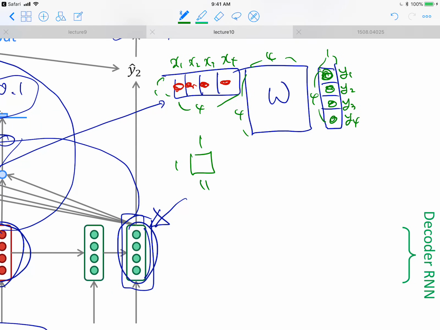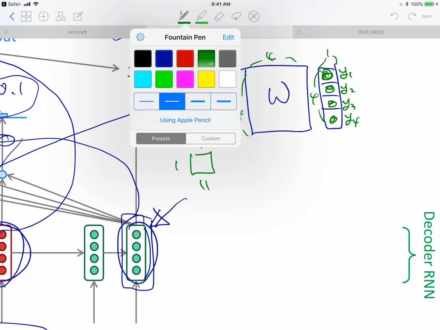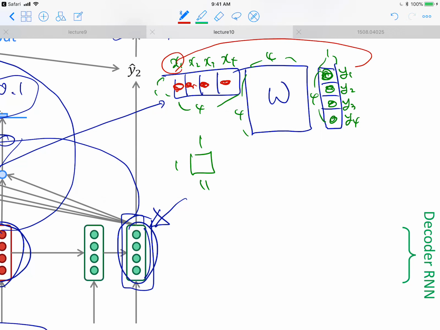We basically compute all the cross products between the elements of these two vectors. If we imagine the inner product, x1 will be multiplied only with y1, x2 with y2, and so on. That is the original definition of the inner product.